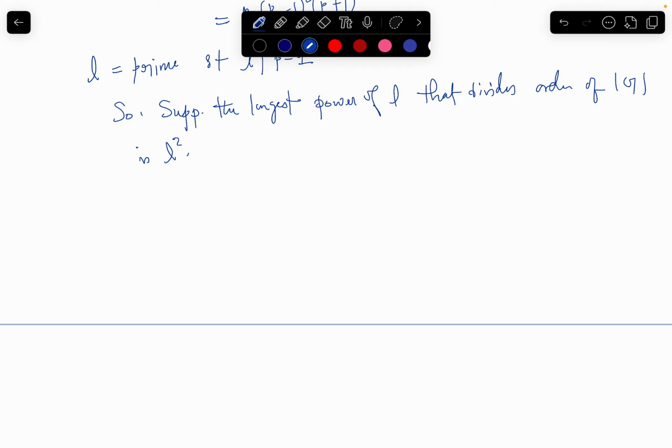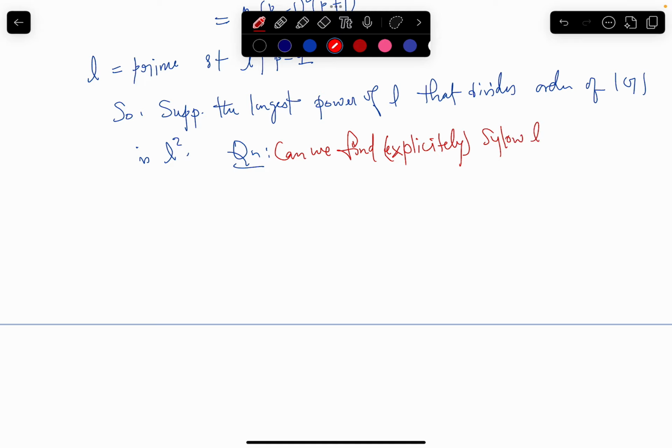So the question is, can we find Sylow l subgroups? By finding we mean that we want to find it explicitly. It turns out that we actually can.